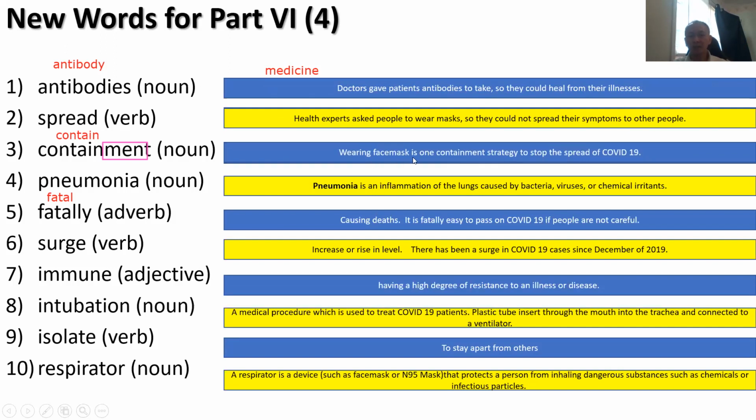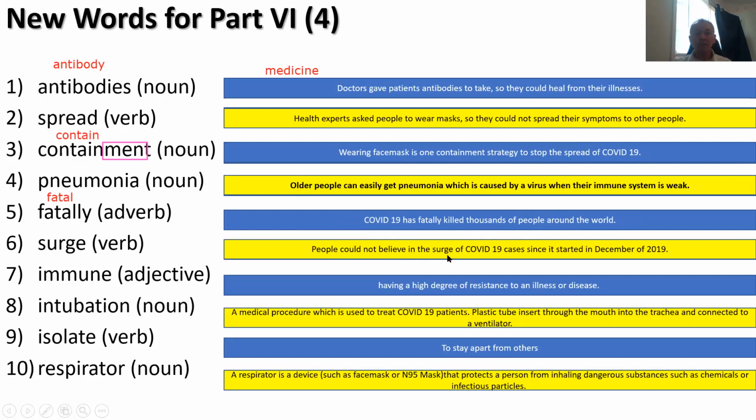Wearing face masks is one containment strategy to stop the spread of COVID-19. Older people can easily get pneumonia, which is caused by a virus, when their immune system is weak. COVID-19 has fatally killed thousands of people around the world.